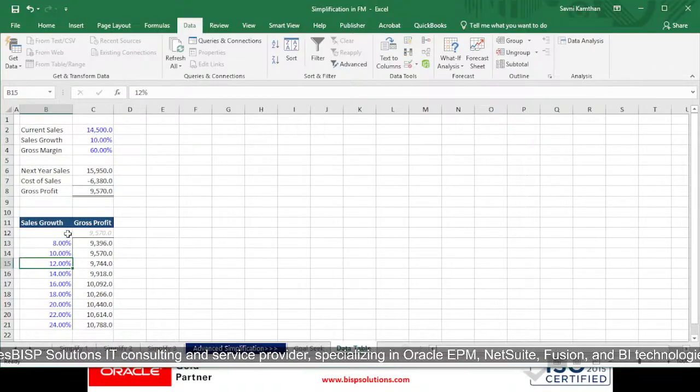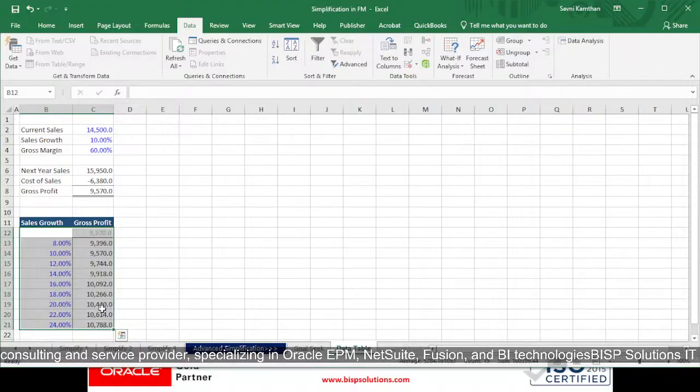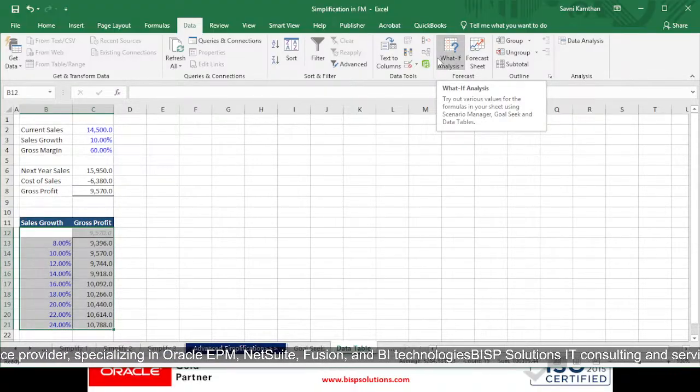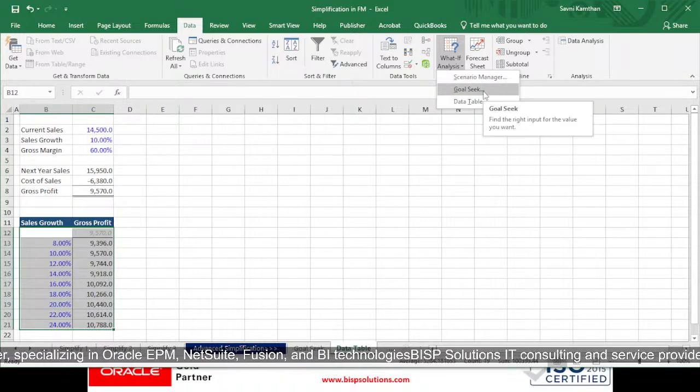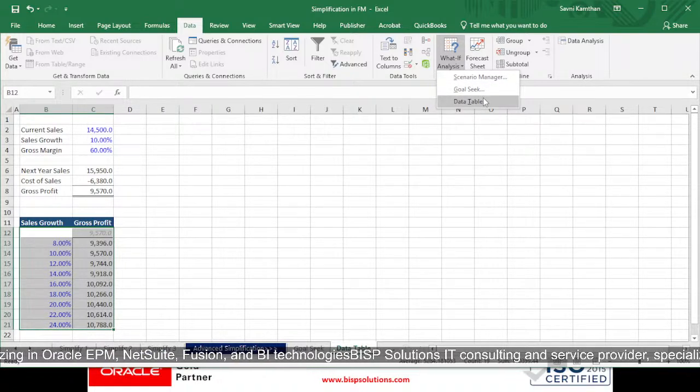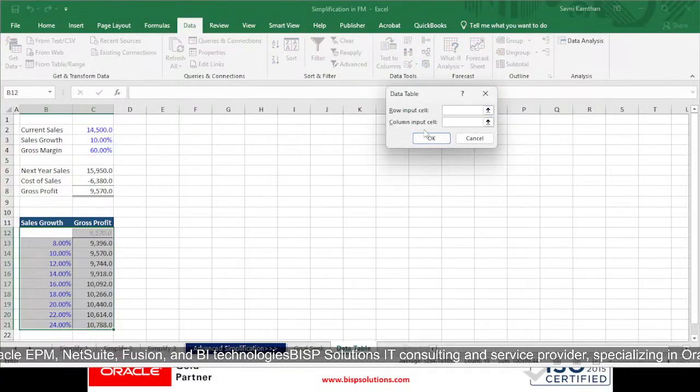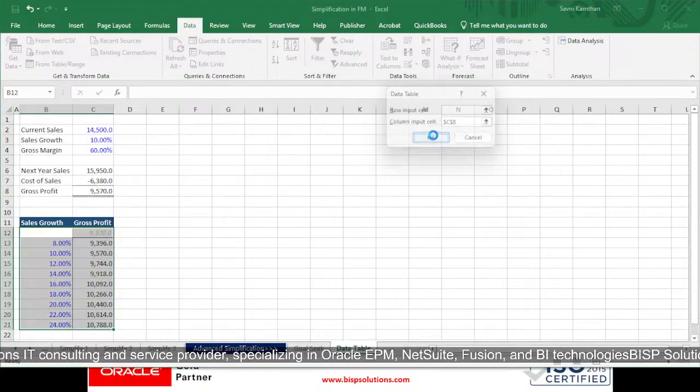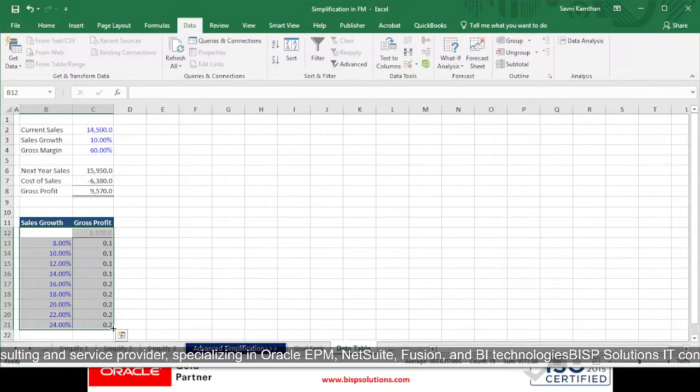Now if I want to calculate my sales growth and gross profit, I have to select my data. Again I will go to Data, What-If Analysis, and select Data Table. It will ask us for the row input cell. In the row I am having gross profit. No, we are having gross profit in our columns, and when I click on OK, it shows me 0.1, 0.2.